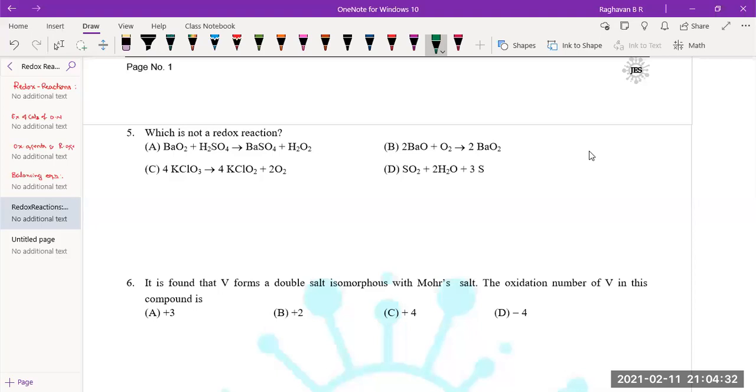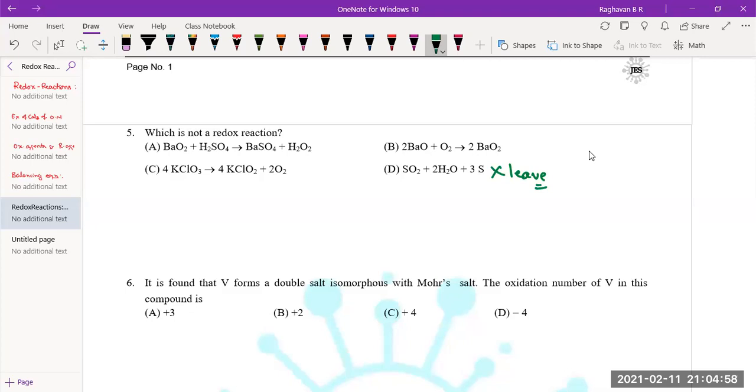Which is the answer? So what is option D? The D is not a reaction at all. Okay, then don't consider it as an option. Leave it. If there is a printing error, just leave it. Sir, all the others are redox.